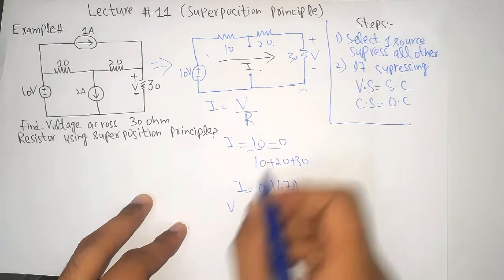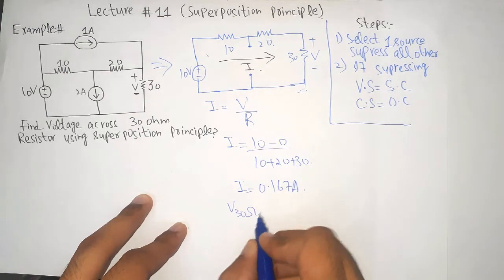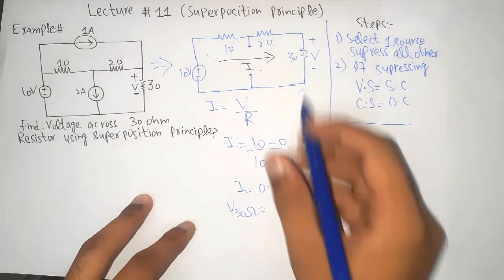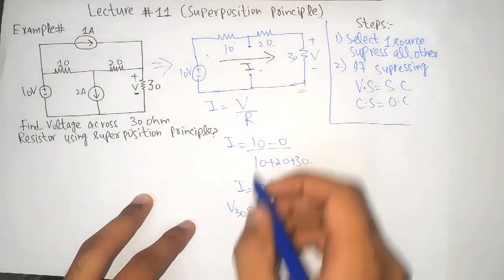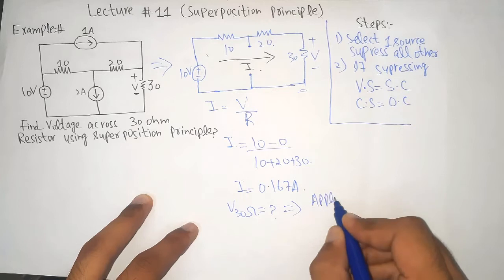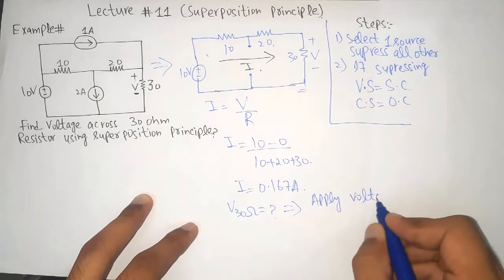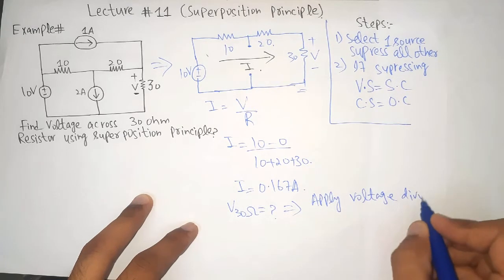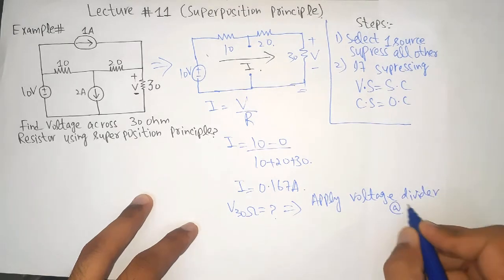Similarly, we will find voltage across 30 ohm resistor. We will apply voltage divider at 30 ohm.